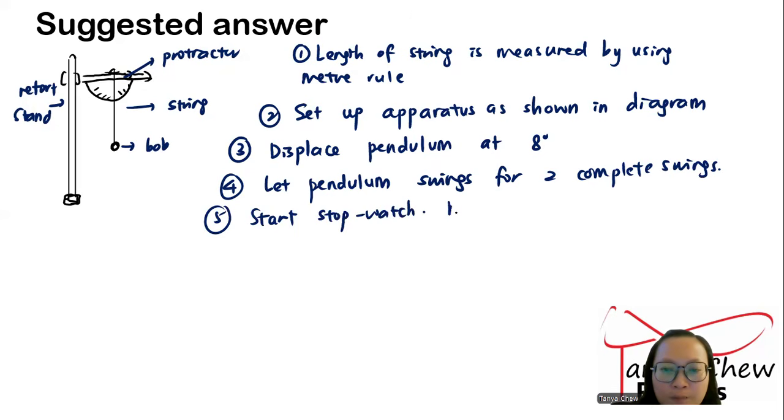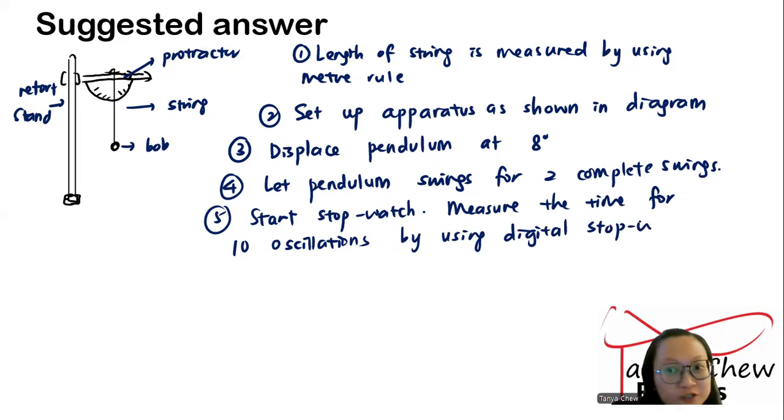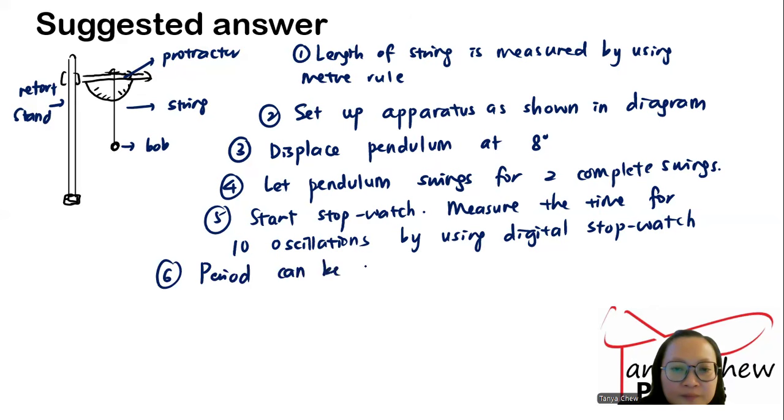Okay, measure the time for 10 oscillations or 10 swings by using digital stopwatch or just stopwatch, right? And then period can be calculated. Or you can say repeat the experiment, right?